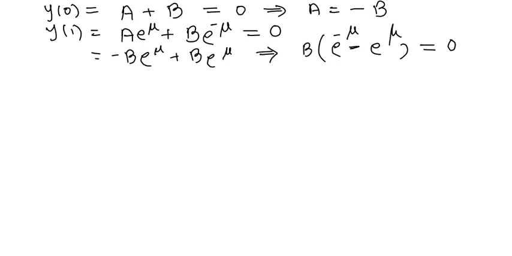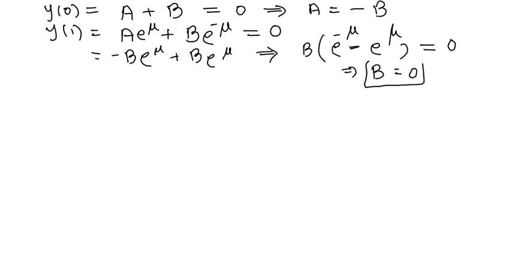So this is some non-zero number, and e raised to x is a one-one function, so this bracket cannot be equal to 0, because the value of e raised to something for two distinct numbers cannot be the same. So what does this imply? It implies that b is equal to 0.